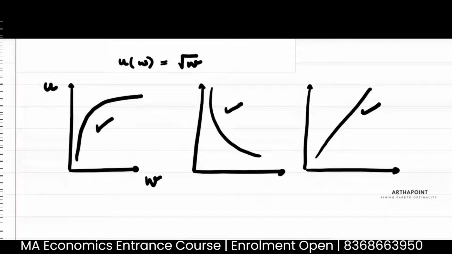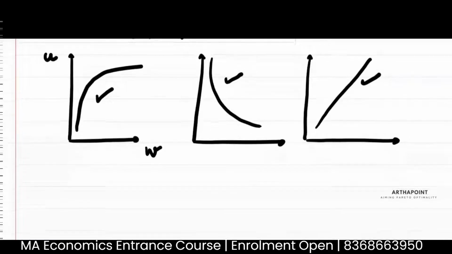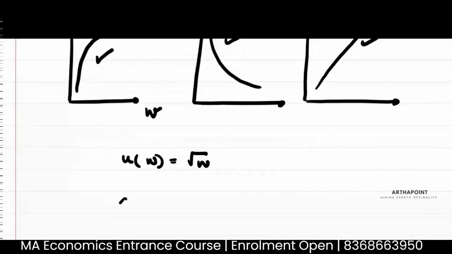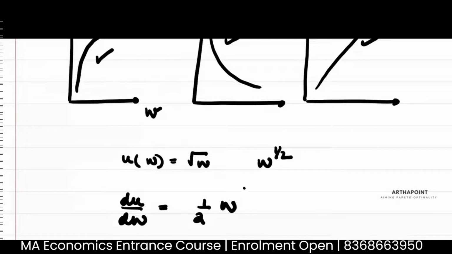And to find whether it is concave or convex, we double differentiate the function. So if I begin with utility function being root W, and I differentiate this function once with respect to W, this is W to the power half. So I get half W to the power half minus 1, which is half W to the power minus half.